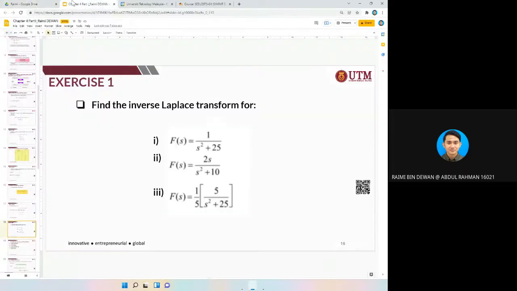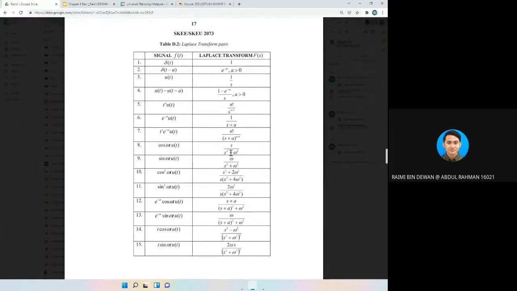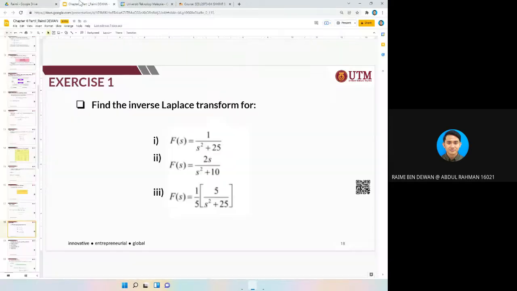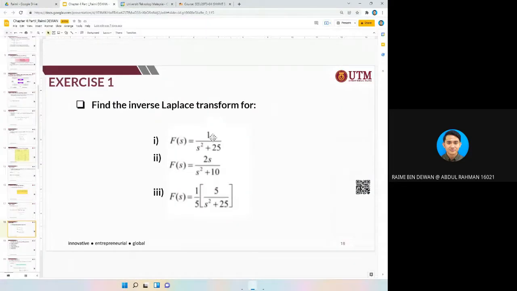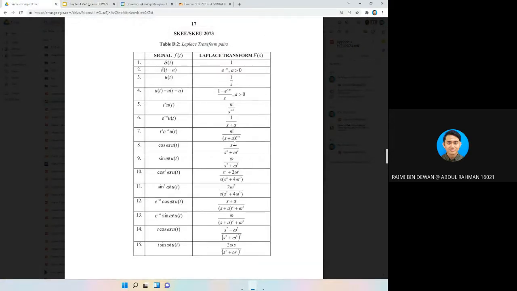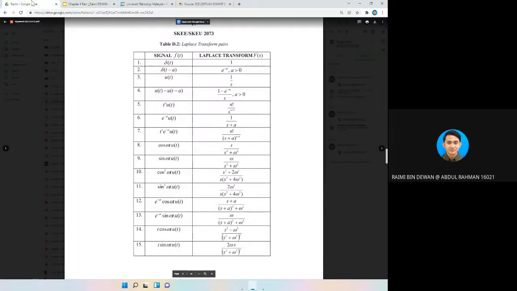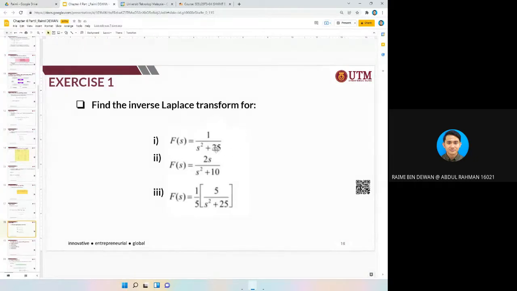Not really. It is more to when we have this 1 over s squared. It is more to this shape. Wait, what do I need? I need to see s squared plus 25.